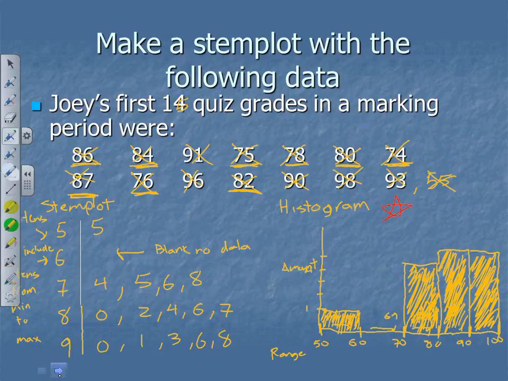Let's look at these quiz grades. Now, this is probably going to be consistent for all grades. Grades are all going to be skewed in what direction? Left. Why? Because there's a max grade of 100 that you can get. So people are going to be pulled up to that max grade. Most of our grades are going to be in the 70s, 80s, and 90s.